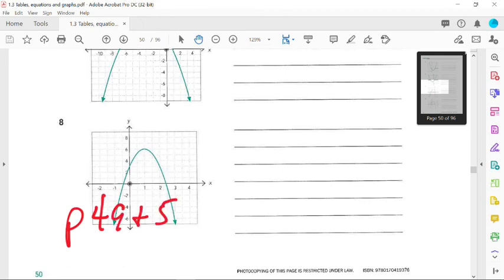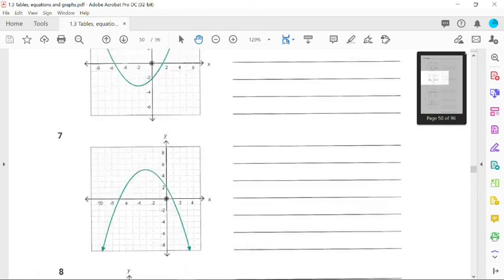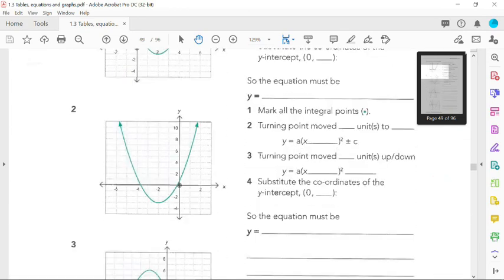Why are we not doing questions 1 and 2? You can do them. They're scaffolded, but you don't have to if you don't want the scaffolded ones. The good thing about 1 and 2, though, guys, is that they give you pieces of information and then you have to fill in the rest. If you're used to seeing all the pieces broken down like this, then when they say, for example, mark the integral points, you'll know what they mean by that.